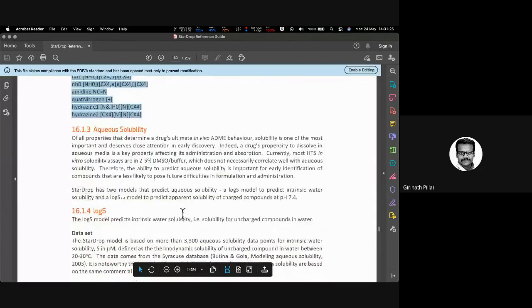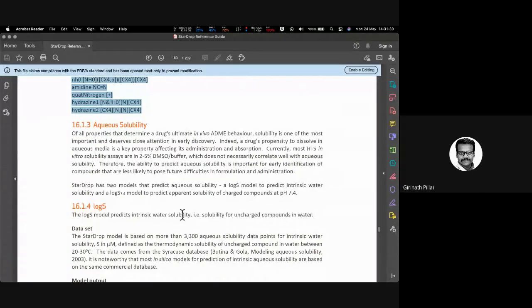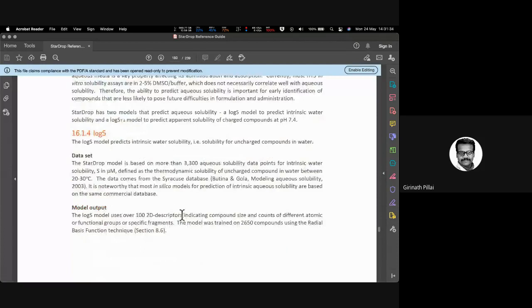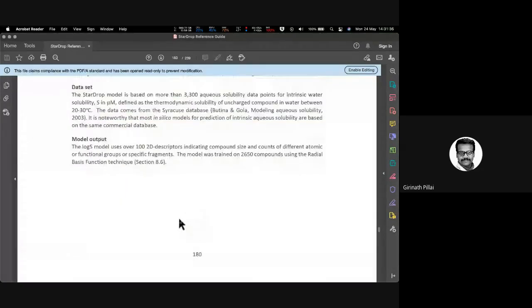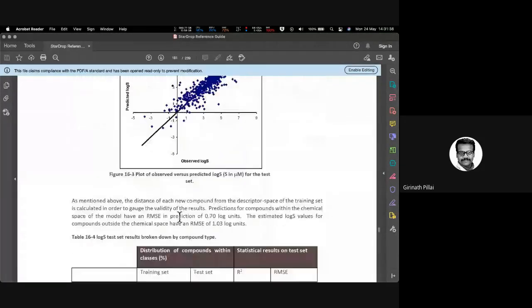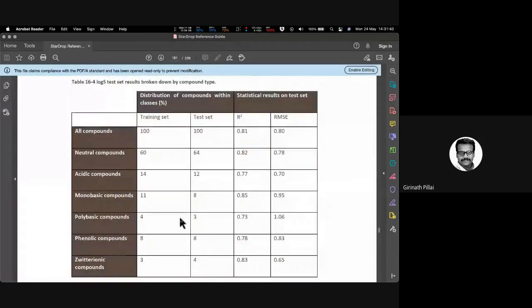So if your compounds are fitting into any of these, the reliability of the prediction will be much better when compared to others. So you need to have a better understanding of what kind of chemical structures or chemical classes of compounds have been used in the training set.